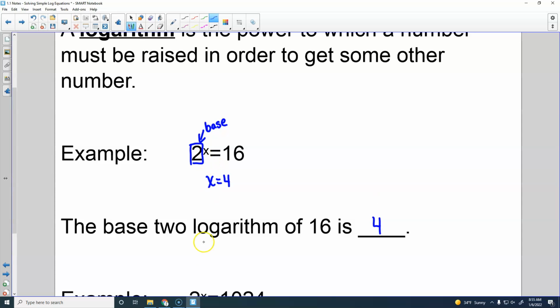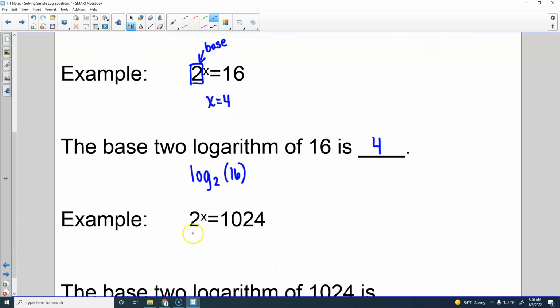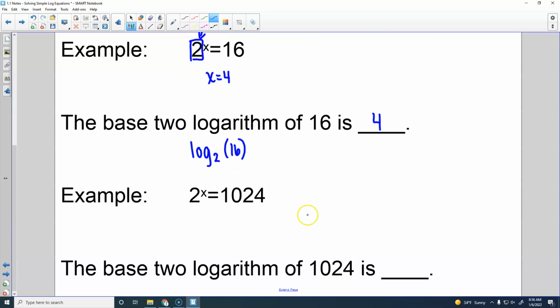And the way that we write that is log base 2 of 16. So when we see logarithms written, we're thinking the base raised to what power would give us this number. So another example that I've given here, again one that we can figure out, although not quite as easily: 2 to what power gives us 1024?